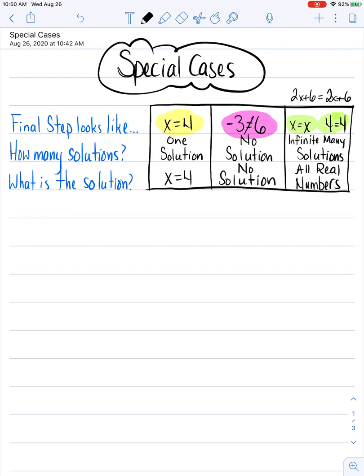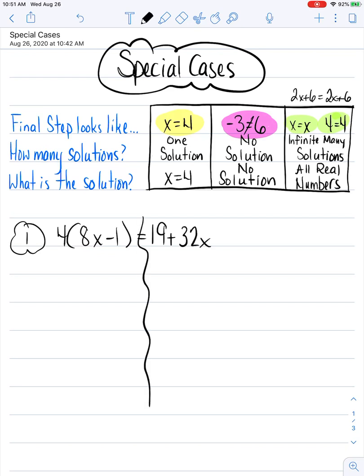So let's see how this actually looks in practice. First example, we have 4 times 8x minus 1 equals 19 plus 32x. So the first thing I'm going to do is split my equation at the equal sign.